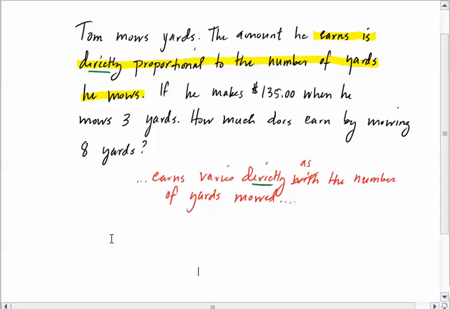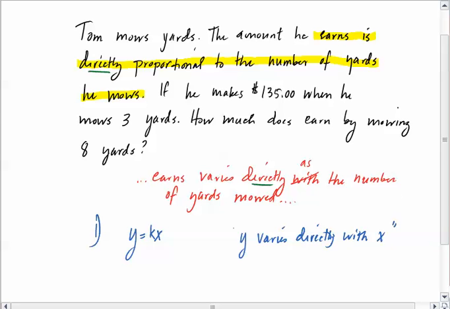So let's take a look at what the formula would be to solve this. The very first thing that we're going to do is write a direct variation formula, and the direct variation formula looks like this. The template you can use is the symbols for this verbiage: y varies directly with x.